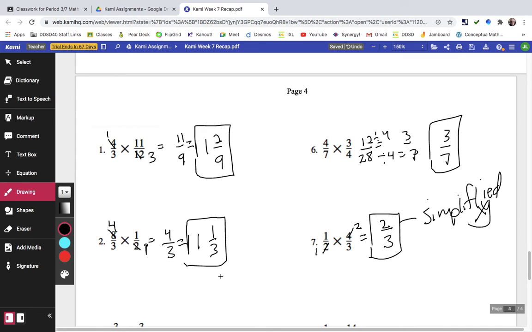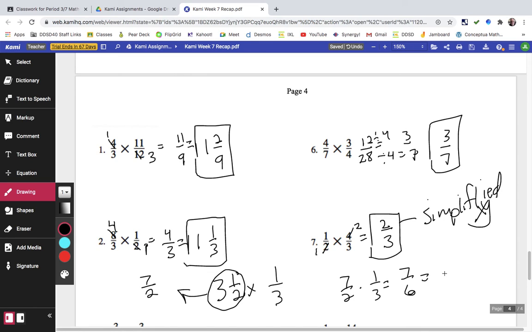And then we talked about what do we do if we have 3.5 times, let's say, 1/3. The discussion was that this would need to be changed to an improper fraction. In this case, it would be 7/2. So then we could do 7/2 times 1/3, and we would get 7/6, which would equal 1 1/6.